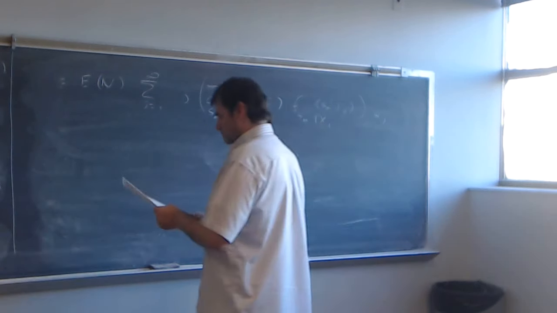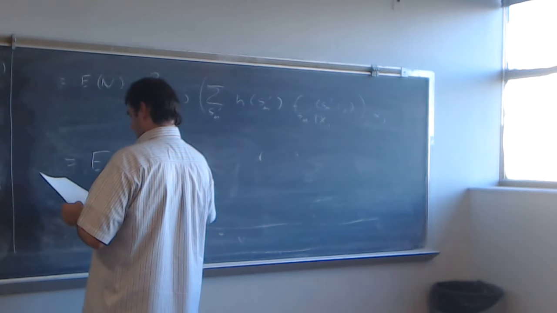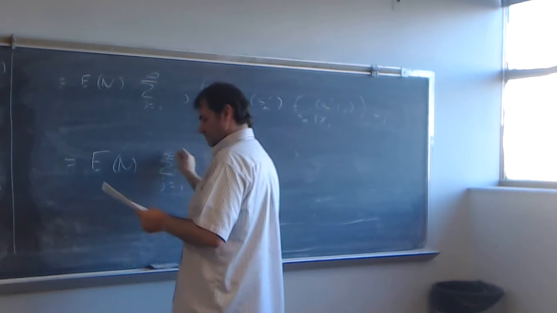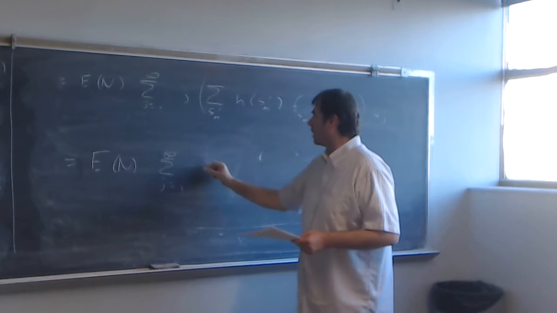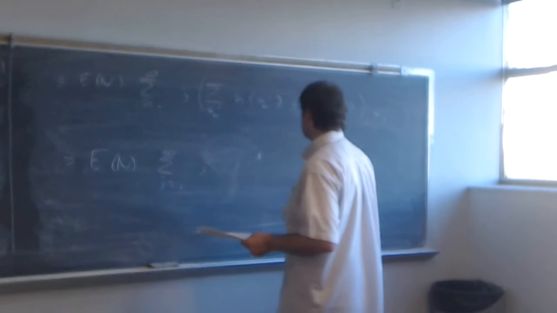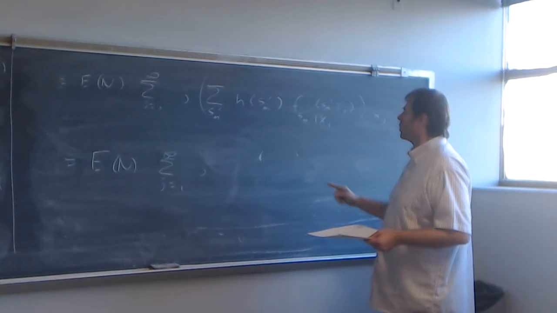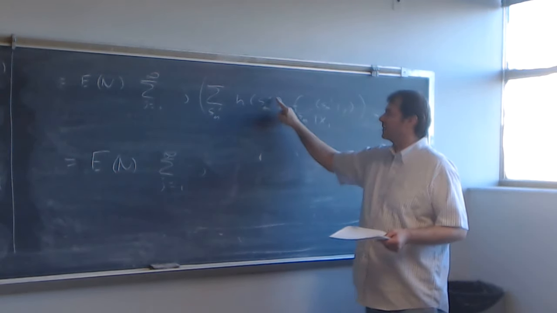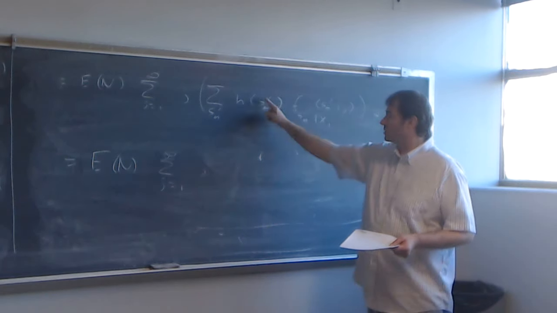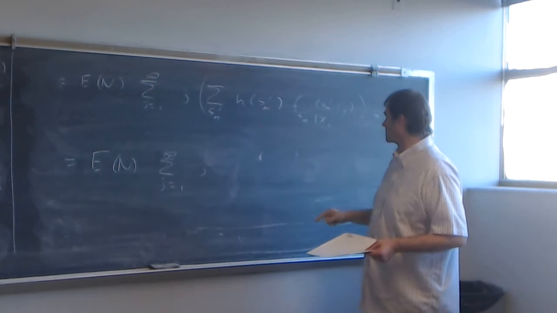All right, that's equal to the expected value of n times the sum as j runs from 1 to infinity, okay, of j. Now, here's what I'm thinking. Remember that h of s of m prime, because of the way we defined h, is going to be 0 most of the time. The only time that it's not 0 is when s of m prime is equal to k.